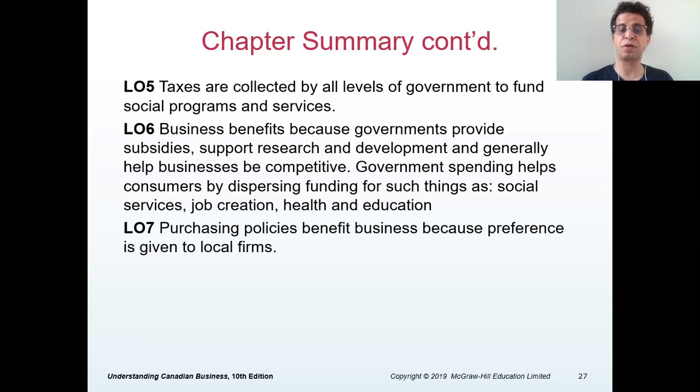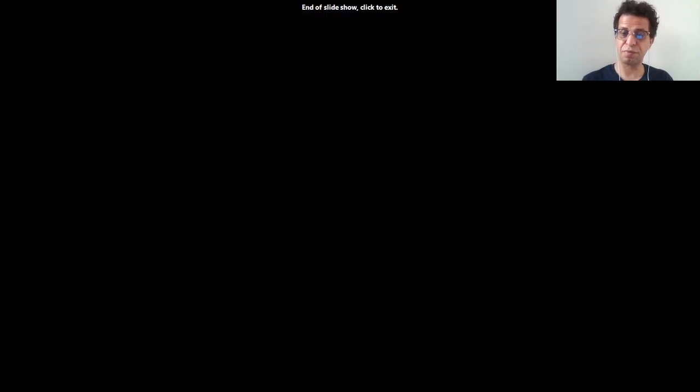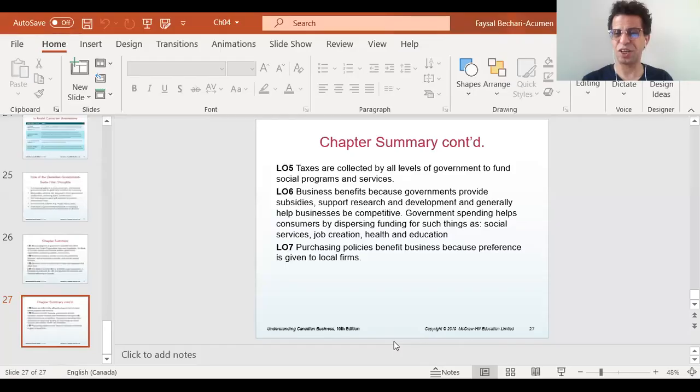Government spending helps the consumer by providing funding for such things as social services, job creation, health, and education. Purchasing policies benefit business because preference is given to local firms. That's the end of chapter 4. Thank you.